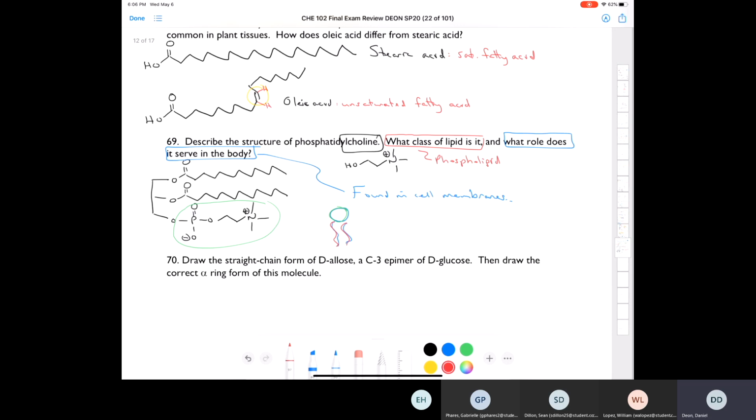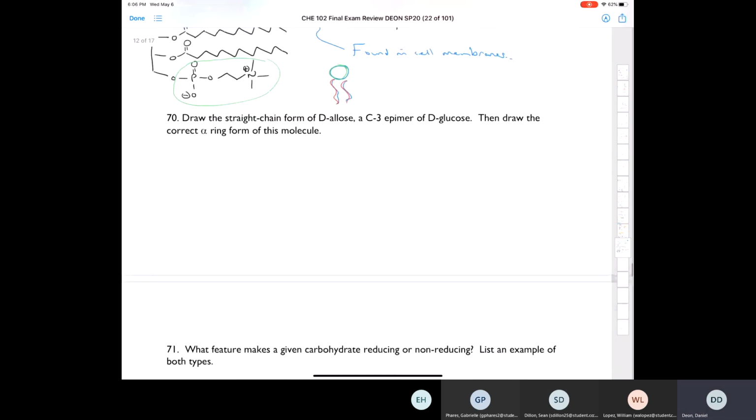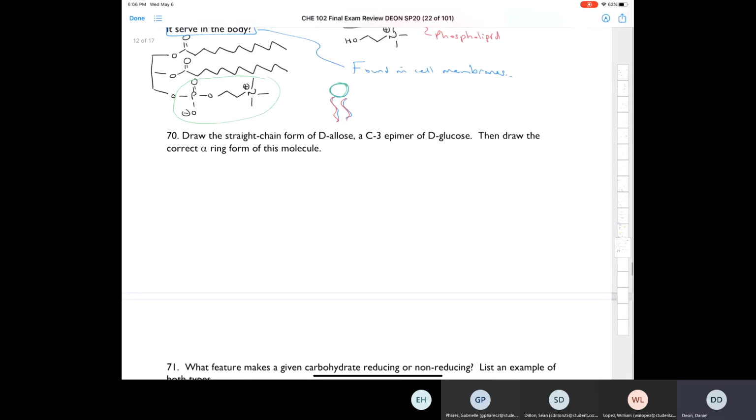The next question, question 70, says, draw the straight chain form of D-allose, the C3 epimer of glucose. Again, I would never ask you to just draw mannose. No, that's not a question. I want you to understand what is going on, not memorize the structure of every sugar from here to kingdom come.